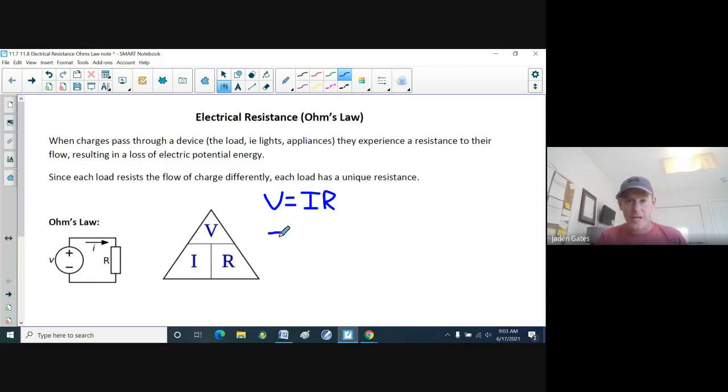So if I was finding I, look at my triangle, V's on the top, R's on the bottom, so it would be V divided by R. And then if you're finding R, you have V on top again and I on the bottom, so it's V divided by I.